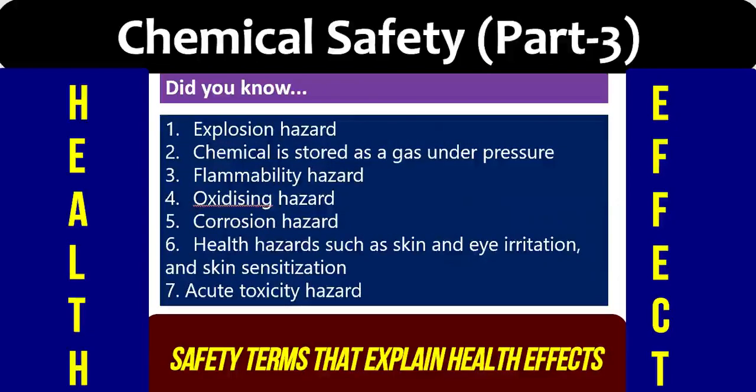Out of 9, number 1 is explosion hazard. Number 2, chemical is stored as a gas under pressure. Number 3, flammability hazard. Number 4, oxidizing hazard. Number 5, corrosion hazard. Number 6, health hazards such as skin and eye irritation and skin sensitization. Number 7, acute toxicity hazard.